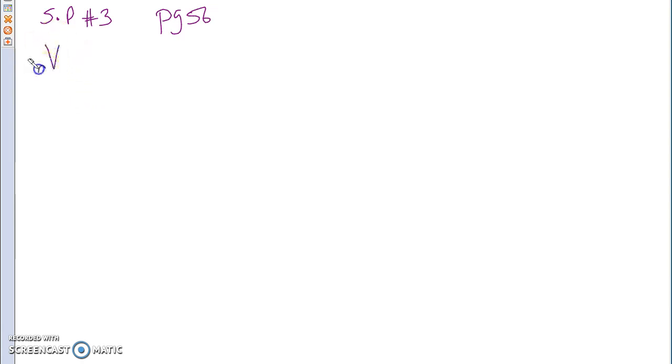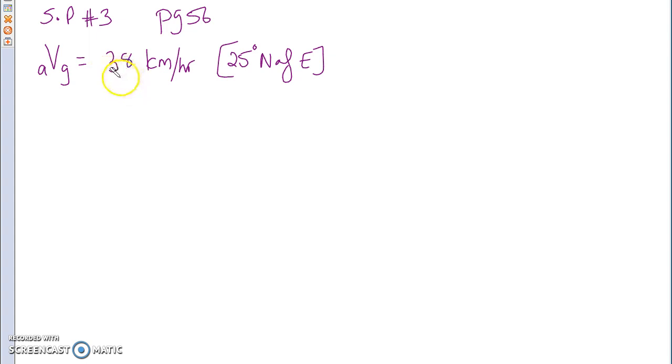So velocity of the air relative to the ground is 38 kilometers per hour. And you have this at 25 degrees north of east. Okay. It needs to achieve a velocity of 91 kilometers per hour relative to the ground.